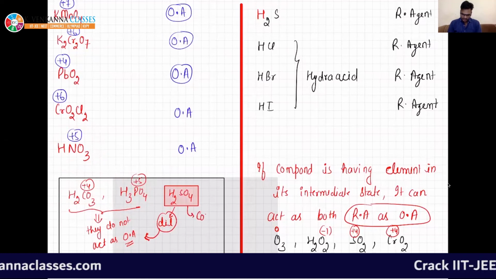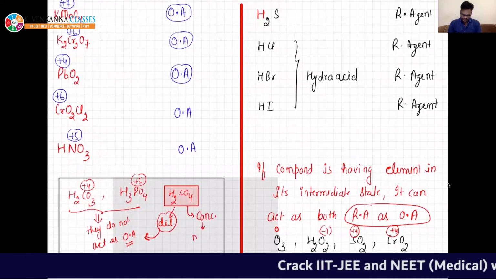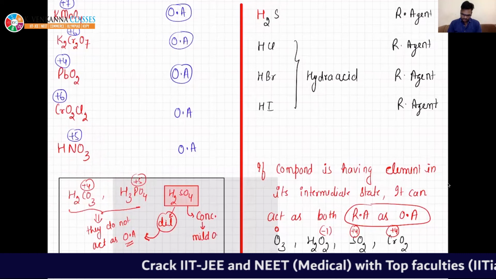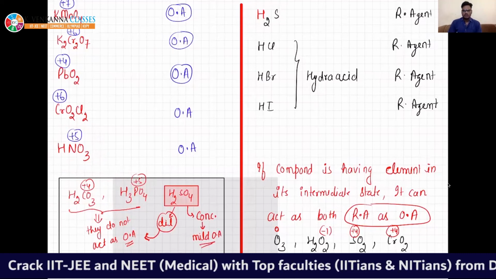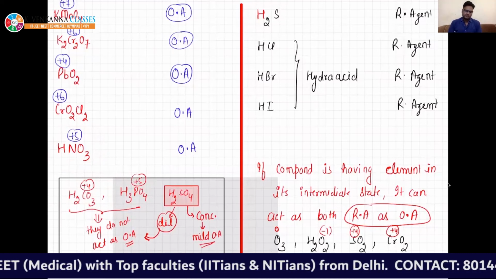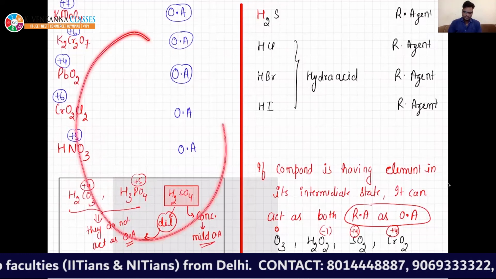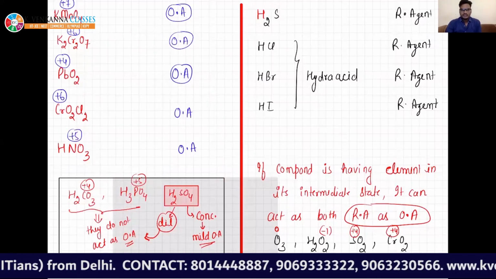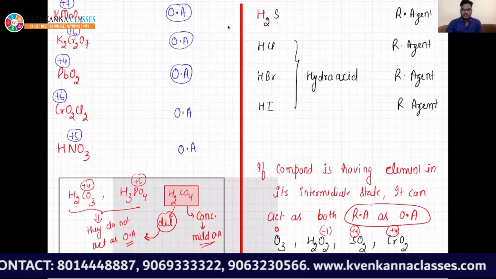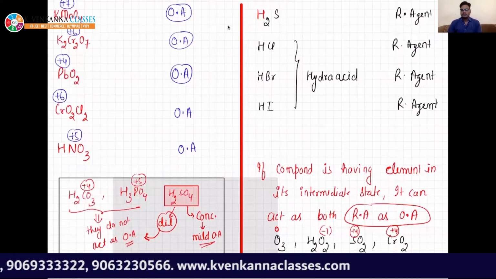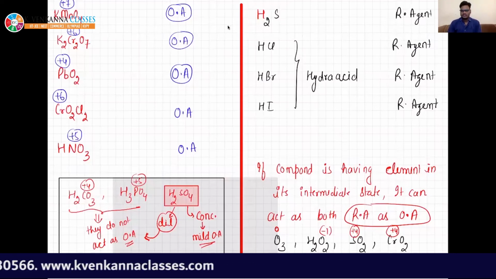But if it is concentrated, sometimes it can act as a mild oxidizing agent. So we will study all of this in inorganic chemistry. But before coming to inorganic, I am just giving some introduction, right? So will you be able to identify which of them will act as oxidizing agents and which will not?